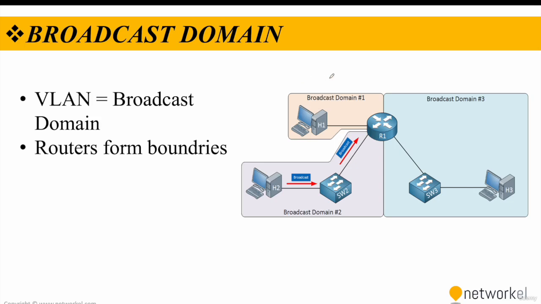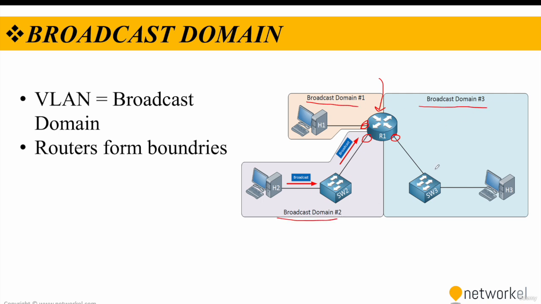So let's have a look at the example on the screen. In this example, I have my router 1, and it is connected to this segment from this interface, this segment from this interface, and this segment from this interface. Each router interface is a boundary for a broadcast domain. That is why on this screen I am seeing 3 different broadcast domains.